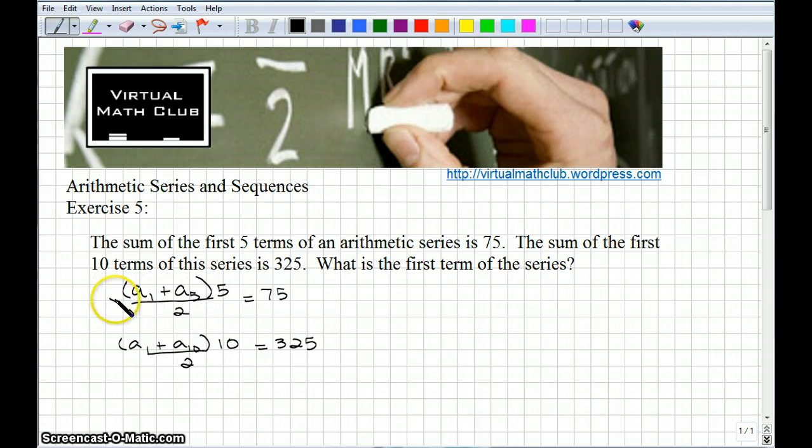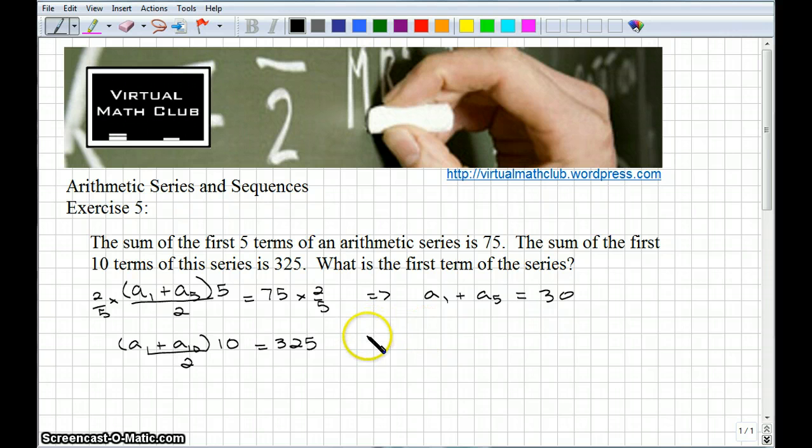I can multiply this by 2 over 5 and do the same thing to the other side, and I end up getting a1 plus a5 is equal to 30.